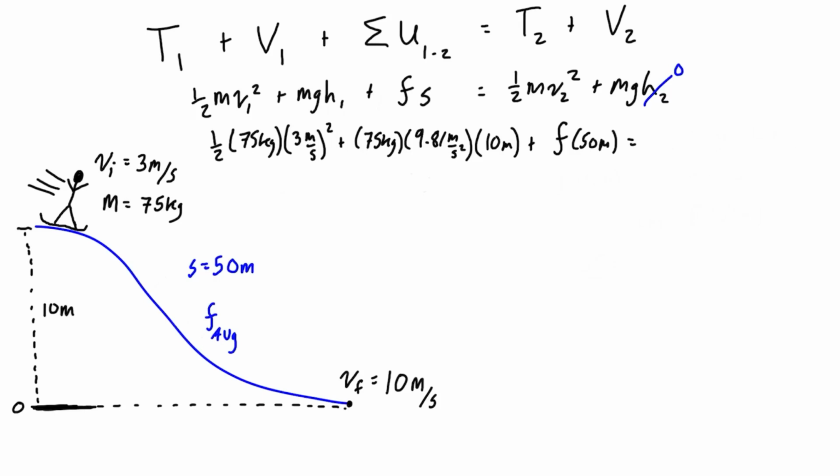And that's all going to be equal to what we have on the right side, which is 1/2 times mass, 75 kilograms, times v2 squared, and v2 is 10 meters per second, all squared.